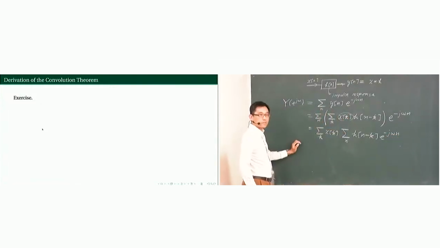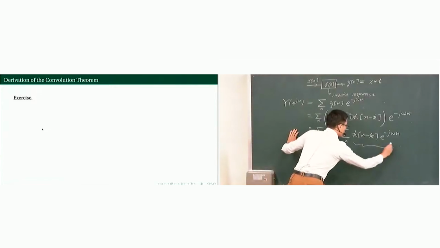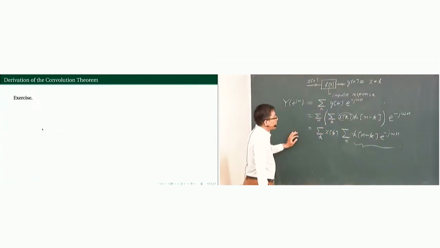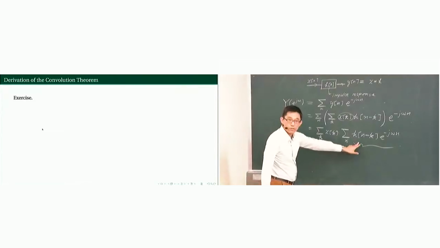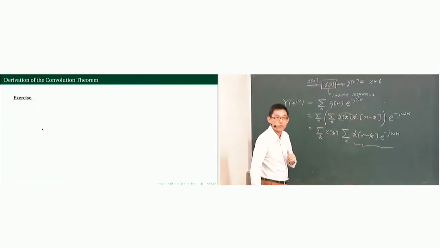Okay, so what do you notice? Here it looks like the Fourier transform of something. What's that thing? The thing is h shifted by k samples. So here we are going to apply the shift theorem.